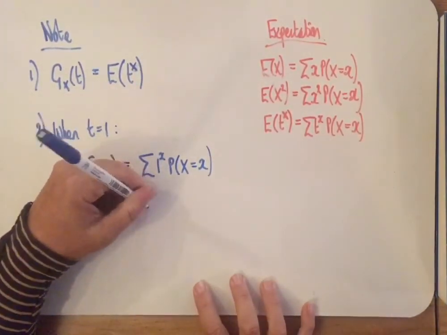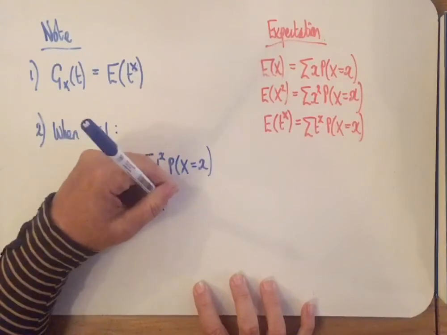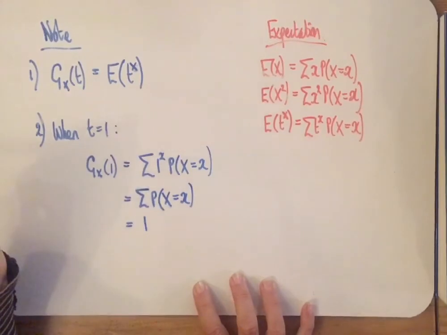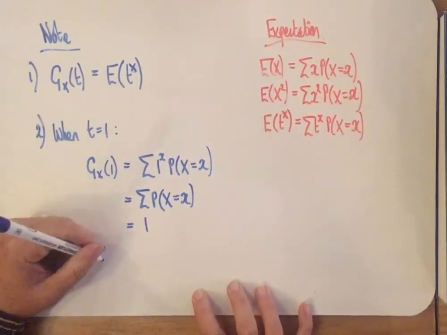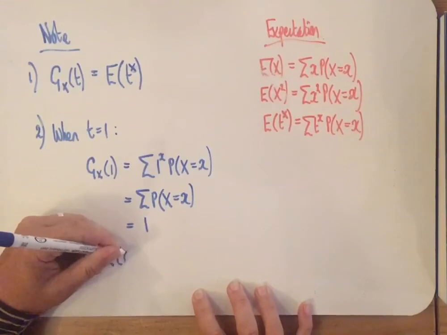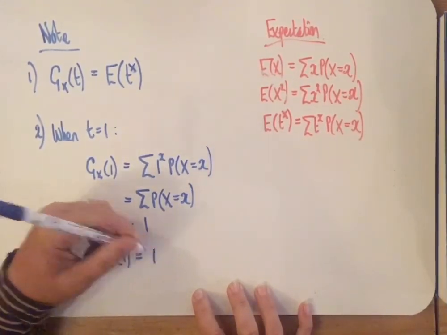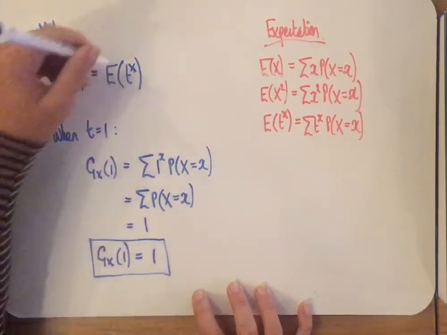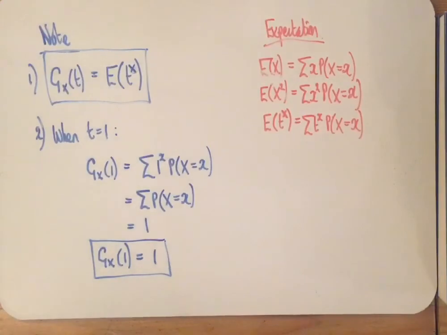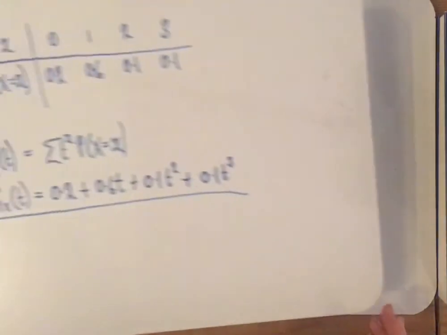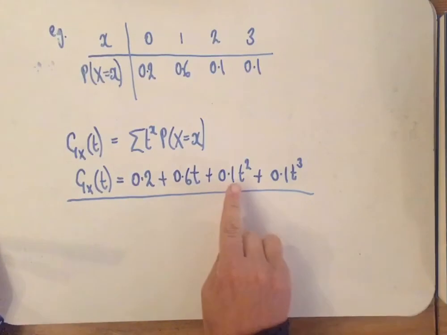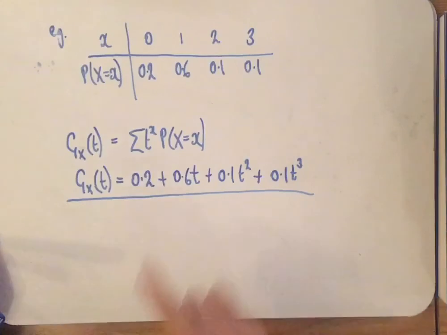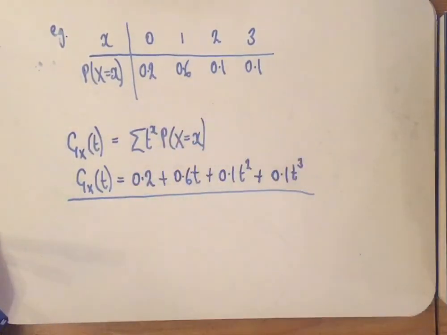So that's equal to the sum of the probability that X equals x. And if you add all your probabilities up, you get 1. So if you replace t with 1 in the probability generating function for X, you will get 1. It's just a couple of little results to be aware of. This second one, if you look at it in context here, if you let t equal 1, you get 0.2 plus 0.6 plus 0.1 plus 0.1, which is 1. So it's just like adding those together.